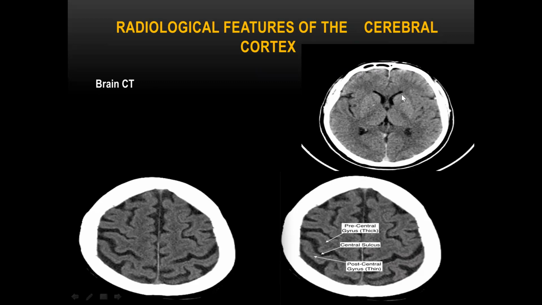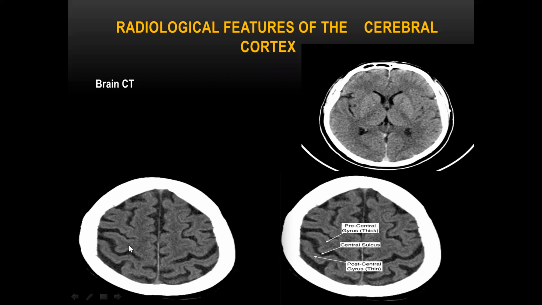This is the basal ganglia, which is the caudate nucleus and lentiform nucleus, and the thalamus. This is the lateral ventricle. More superiorly, we see the sulci and gyri. This is the central sulcus.